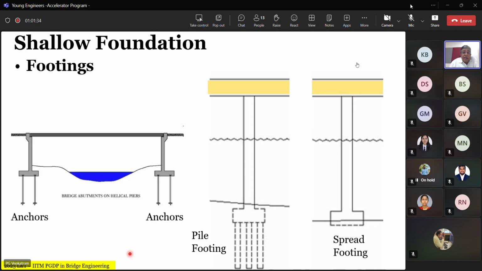If you have that, then you do these kind of piled footing. What do you do? Then you do small RCC piles, which you drive until the stronger strata, and then create a mat on top of these piles, and then use that mat as the footing for it and do the load transfer.